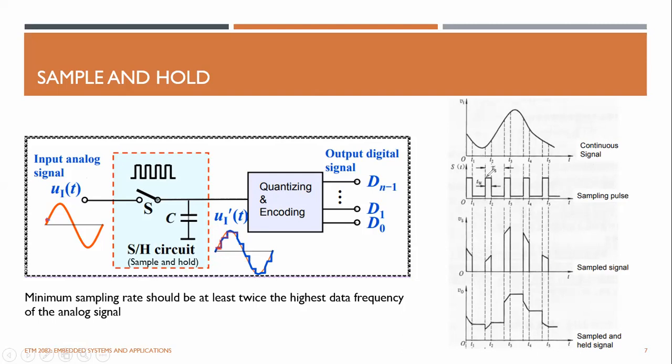Here you can see that during this period when the switch is on, the continuous signal is appearing here, right? So it will charge this capacitor to whatever the voltage is here. So the same voltage will be here. And here again, that voltage. This is the sampled voltage.